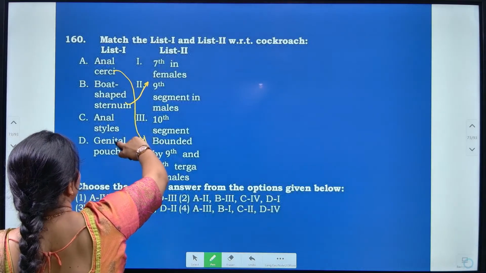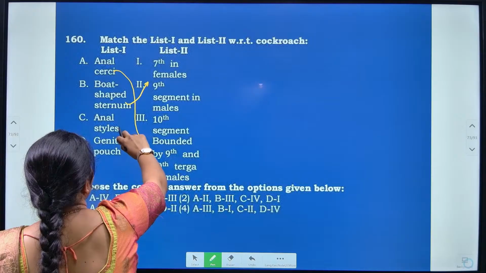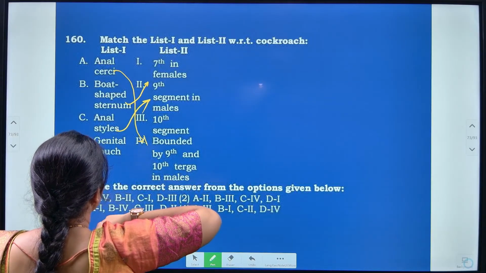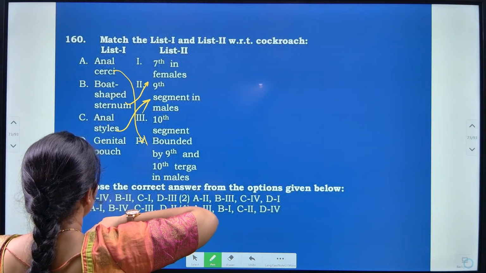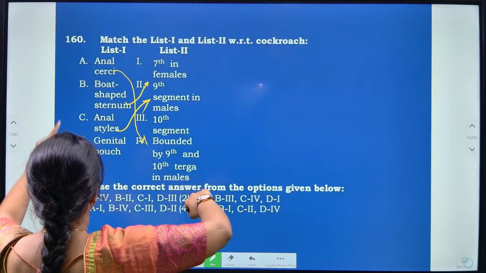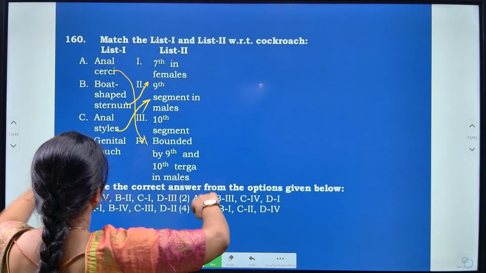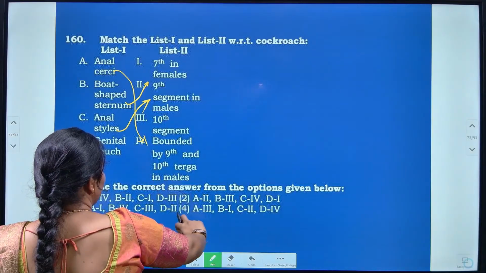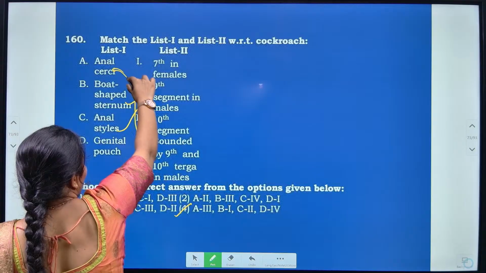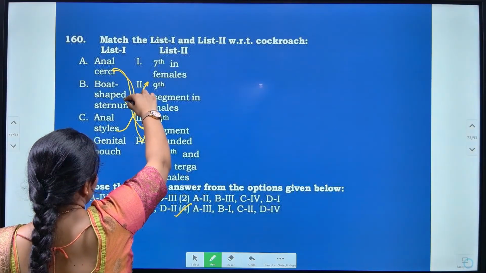Yes, and anal styles, they are present in the ninth segment of the males here, and genital pouches. Okay, so genital pouches here. So anal cirri with the 10th segment, A with C. So the last option, that is the fourth one, sorry, this is anal cirri with the third option, that is the 10th segment here.